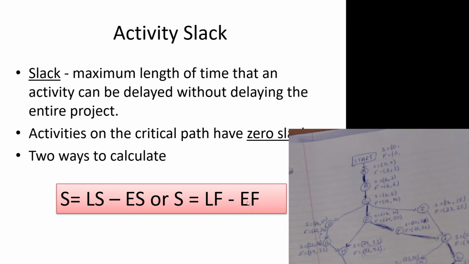Well, maybe we'll make it worth your while, or you negotiate a reduction in their charge. And they say, well, if we're 2 weeks late, is that okay? And you go, yeah, we got some slack on the painting, so yes, 2 weeks is fine. So it gives you some flexibility. However, those people who are doing activities that are on the critical path, you're far less collegial and cooperative as far as delays go.